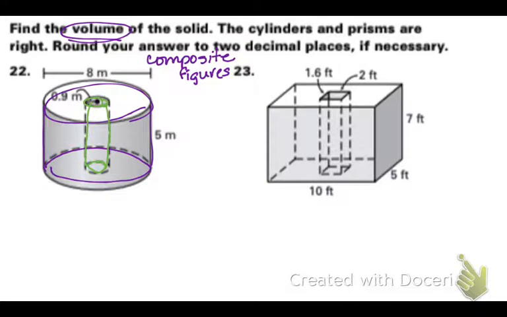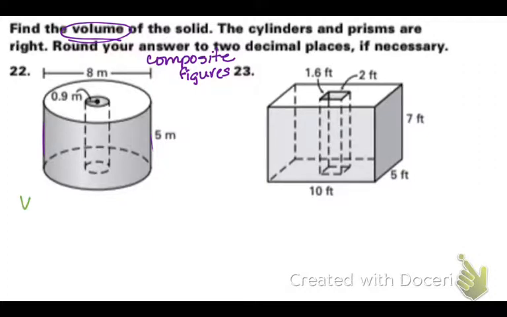Like they took a plug out of it, like a core sample you do in science. So what you need to do is figure out the volume of the whole cylinder, and then you need to subtract the volume of the little cylinder to get the final volume of that whole figure. You all know how to do the volume of a cylinder, so it's not all that difficult. It is complex, but it's not difficult.